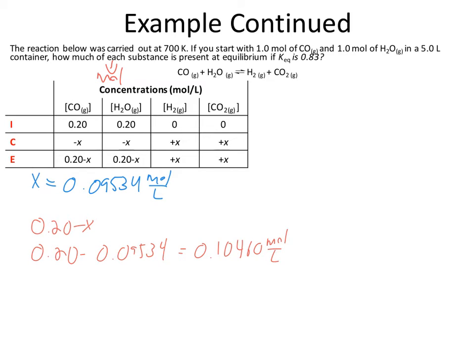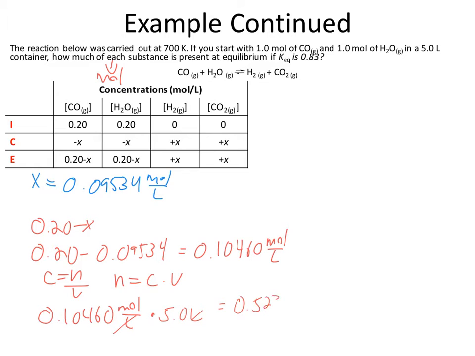Now to get from mole per liter into moles, we have to use C is equal to N over V and rearrange to find N, which is C times V. So if we get our 0.10460 mole per liter, and we multiply it by our volume, which again from the equation is 5 liters, our liters cancel out, and we get 0.5233 mole. To two significant figures, we get 0.52 mole. So there's our answer for our reactants.